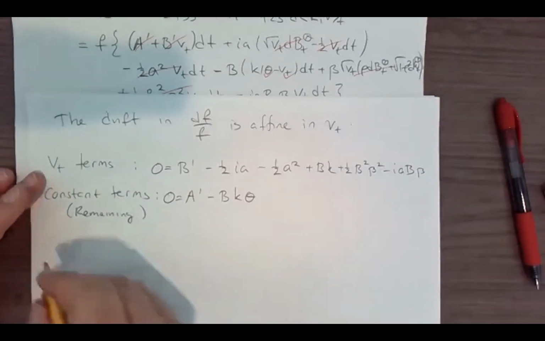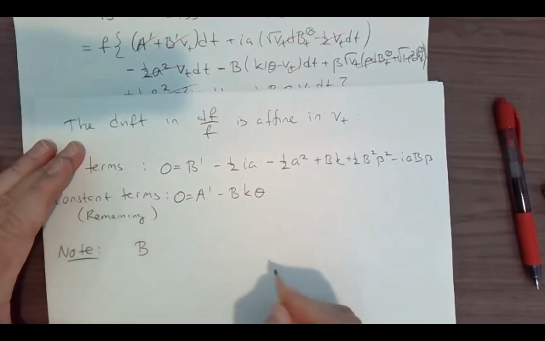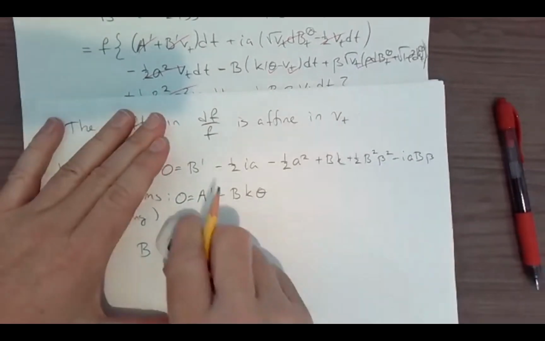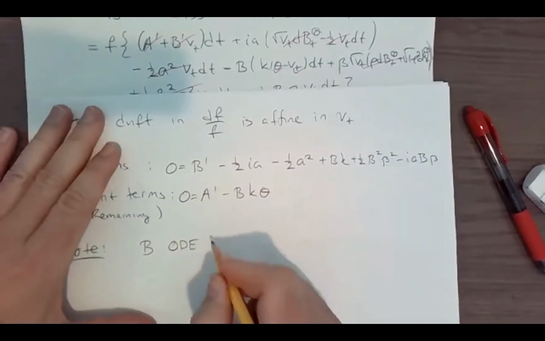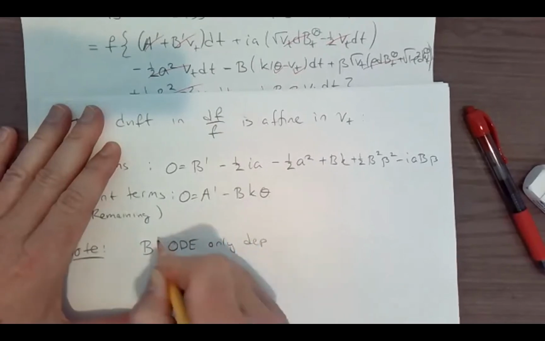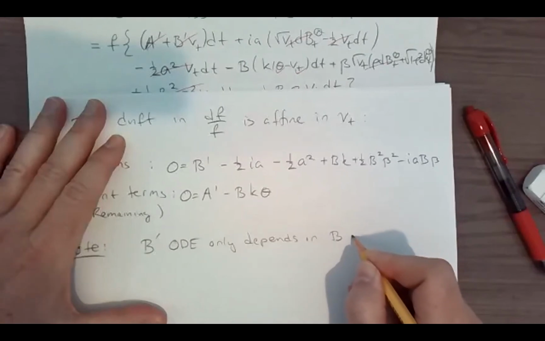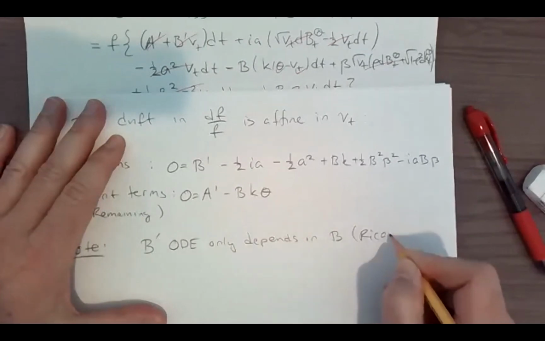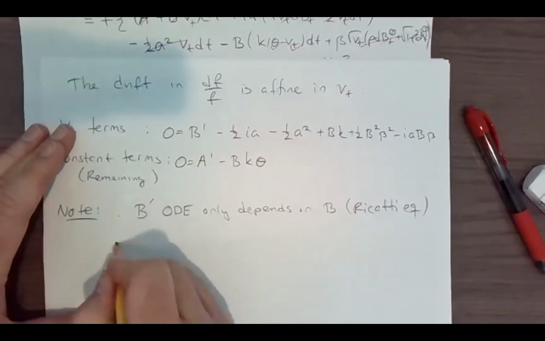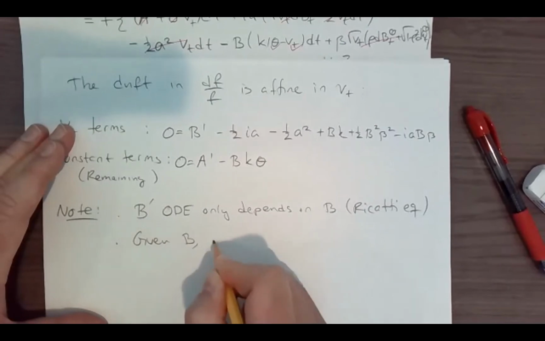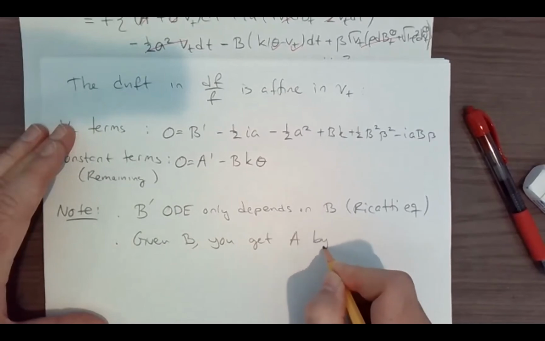And so we see that the B ODE only depends on B. B prime ODE only depends on B. So this is one of these Riccati equations that we talked about before. So that's one thing to note. And given B, you get A by integrating.